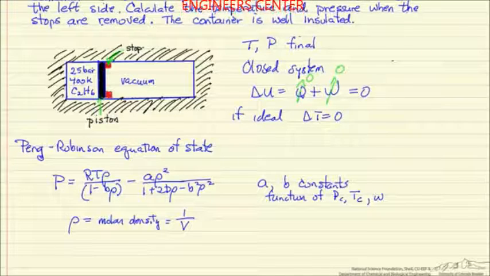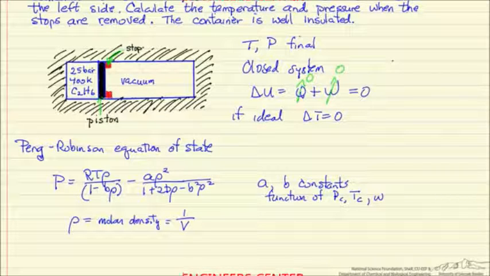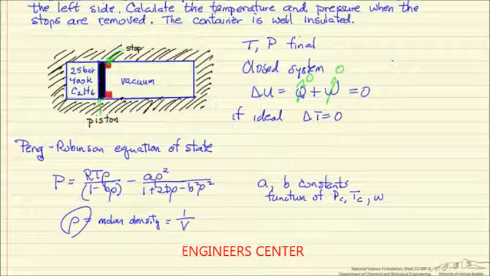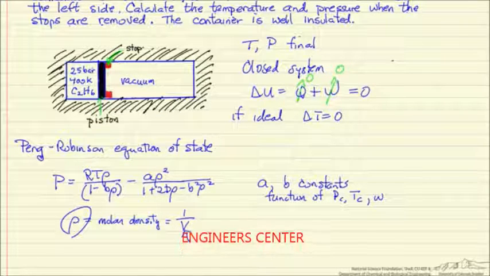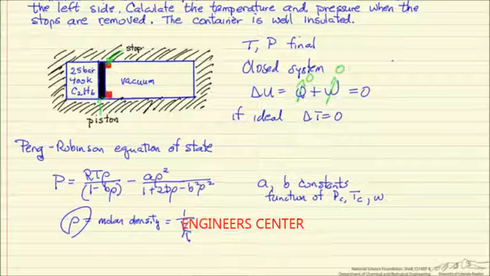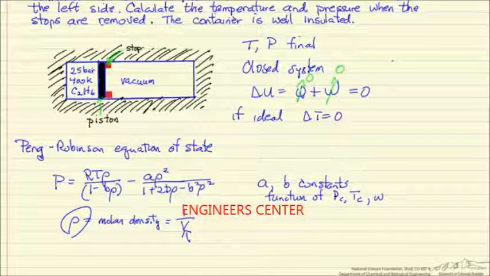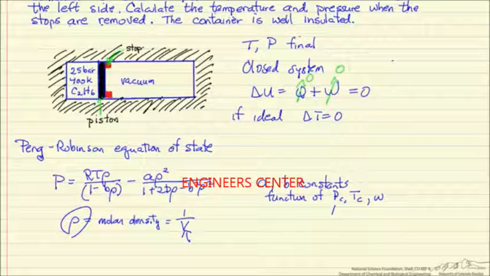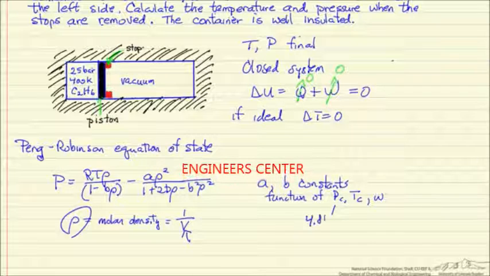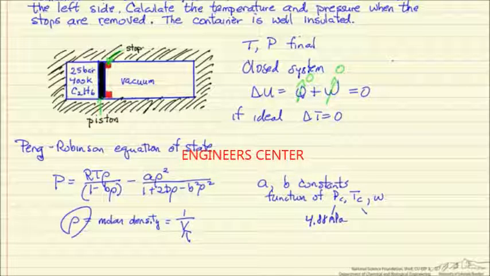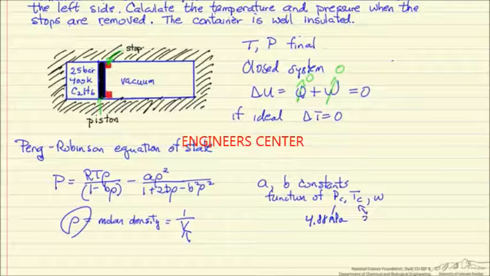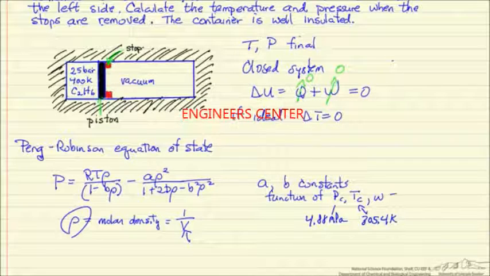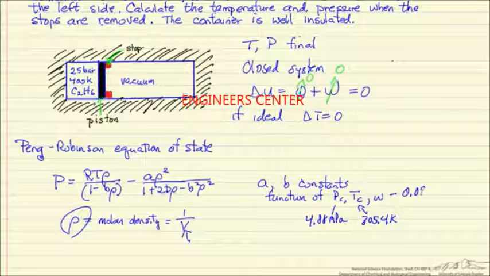So here's the Peng-Robinson equation of state, where the pressure is related to density, which is the inverse of the molar volume. And there are two constants, A and B, which are functions of the critical pressure, which is 4.88 megapascals for ethane, the critical temperature, 305.4 Kelvin, and the acentric factor, 0.099.